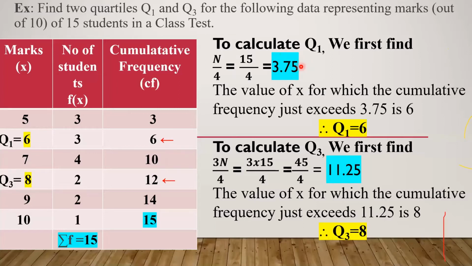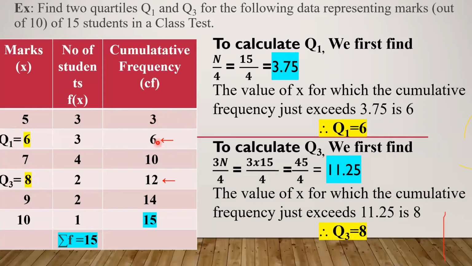Then the fourth step is very important. In that, you have to start reading the values in the cumulative frequency column from the top, and you have to stop at the place where the cumulative frequency exceeds 3.75, exceeds n by 4. Okay. So we start from the top. It is 3. 3 is less than 3.75. So we have to move ahead.